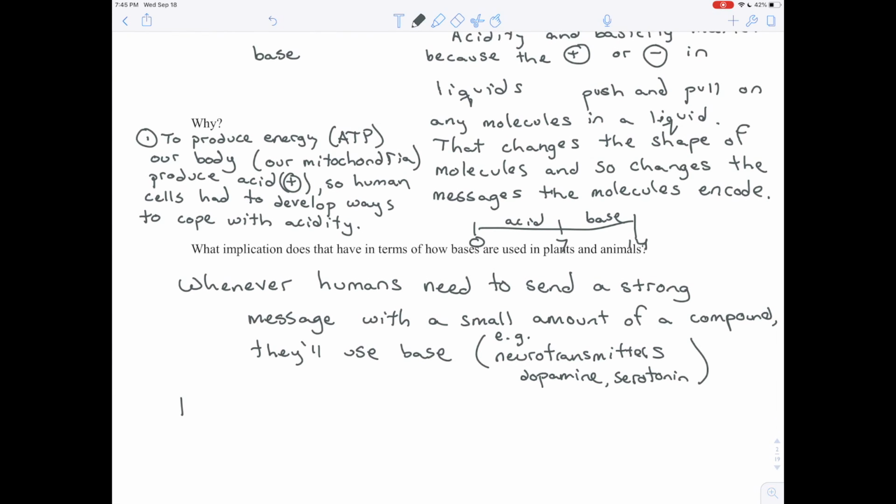And plants tend to make basic compounds to kill animals that prey on them. Now, the compounds that the plants make, these bases that they make, don't always kill the animal. Sometimes they just adversely affect it or change the behavior of the animal.